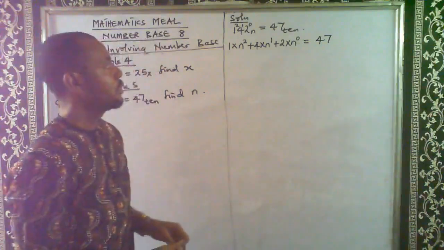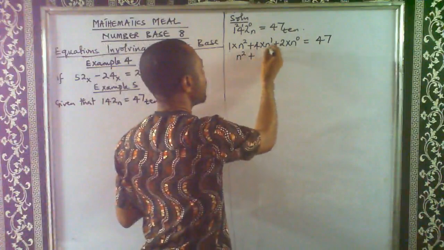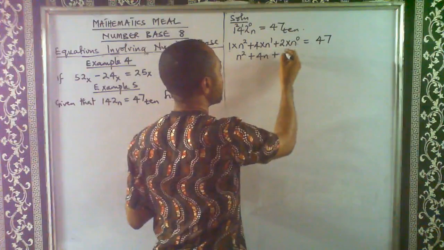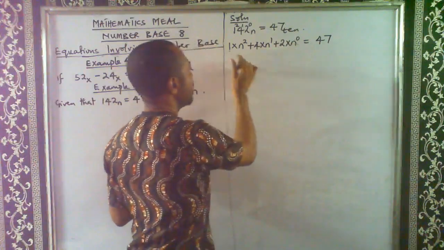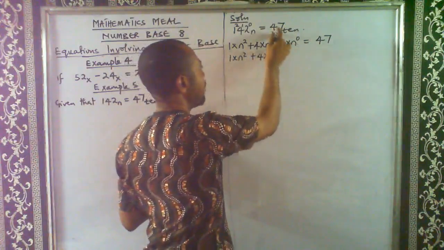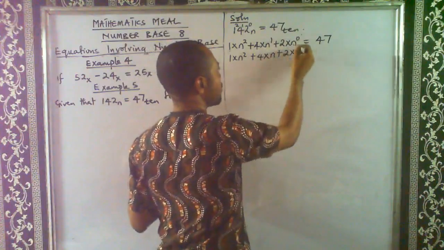That's what we'll have. So that will give me 1 times n squared, 4 times n raised to power 1 is 4n, 2 times n raised to power 0, 1.